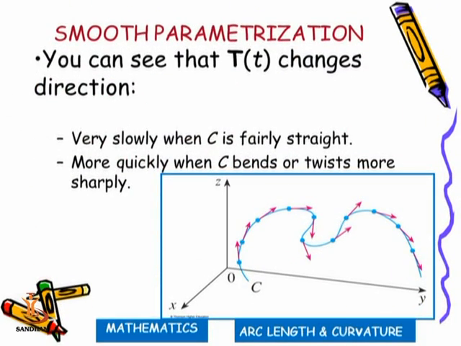You can see here the tangent T changes direction very slowly when C is a nearly straight line, and more quickly when C bends or twists more sharply. You can see this diagram.